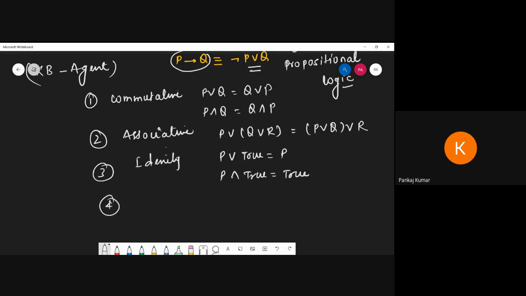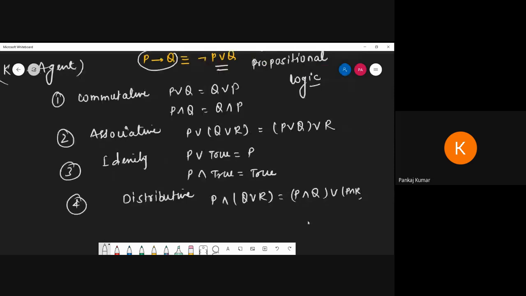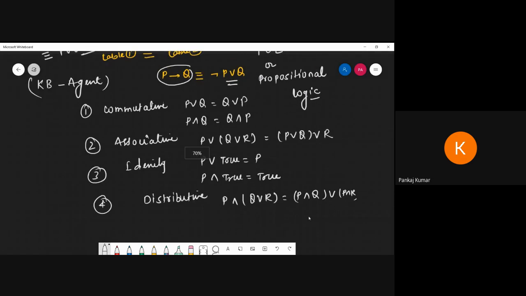Then the fourth one, already discussed, is distributive, that means the combination of union and intersection. Suppose I am writing like this, what I am going to write is P intersection Q union P intersection R. This is the distributive formula, so don't be confused.